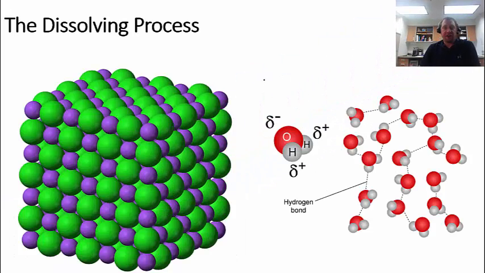To really understand the energy change that happens when something dissolves, we have to zoom in and take a look at an individual salt crystal. And this happens to be sodium chloride, NaCl, table salt. It consists of positive and negative ions. The green are negative ions, or the chloride.